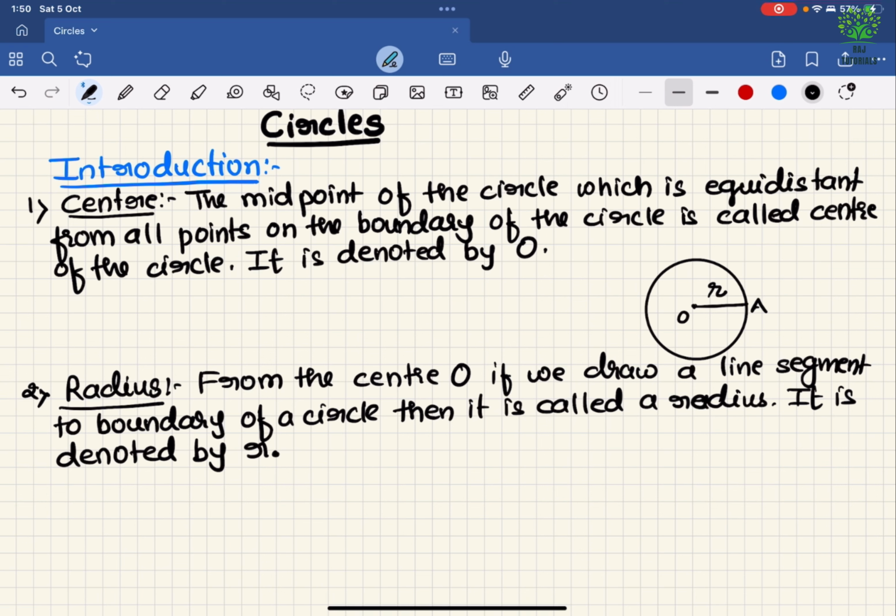Now then the third thing which we should know is circumference.